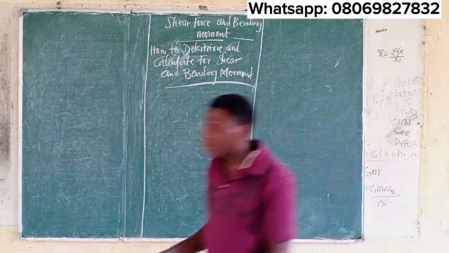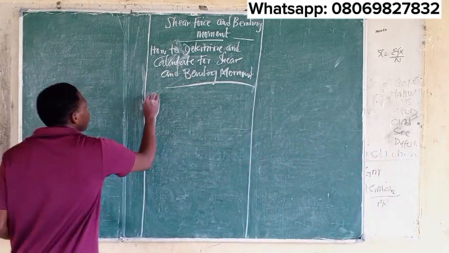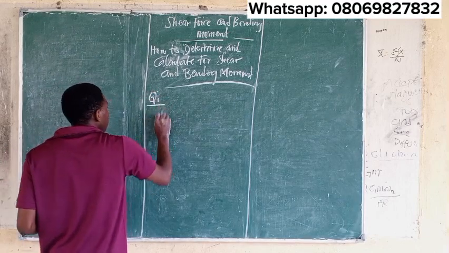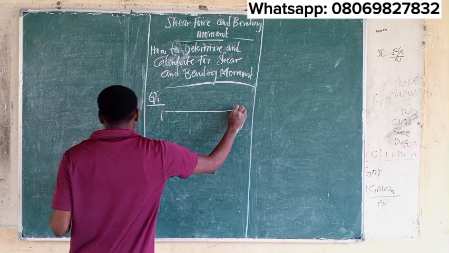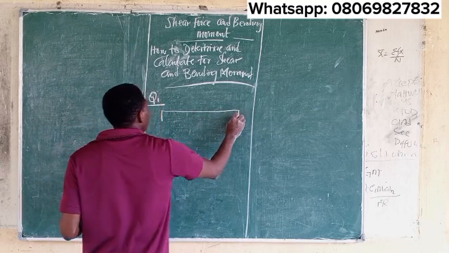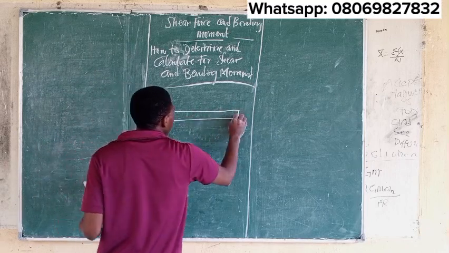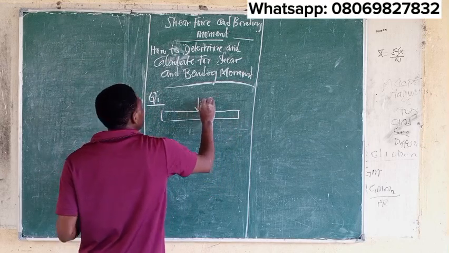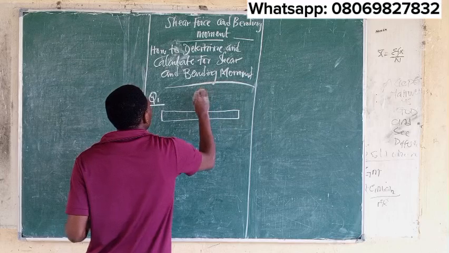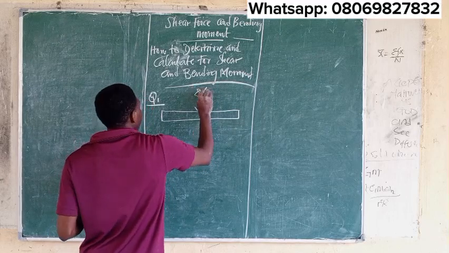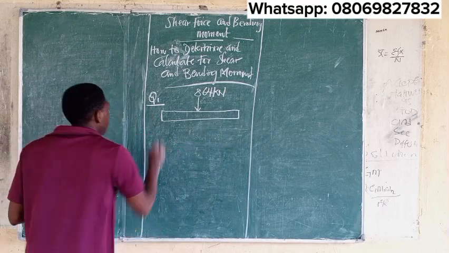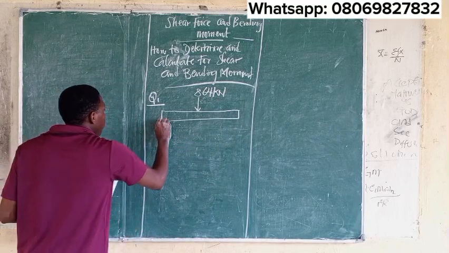Now see what we were given. We are given question 1. The diagram is this. We are given this diagram and they said this load is 864 kilonewton, and we are given a reaction.